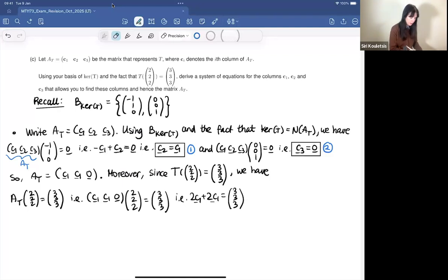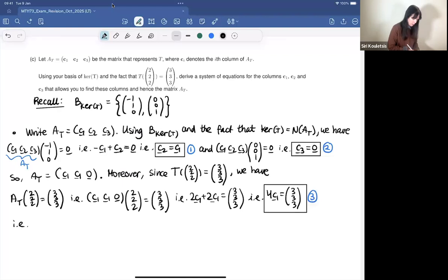Now we get the third equation: 4 times C1 equals the vector 3, 3, 3. In other words, C1 is a vector with 3/4 as each entry.